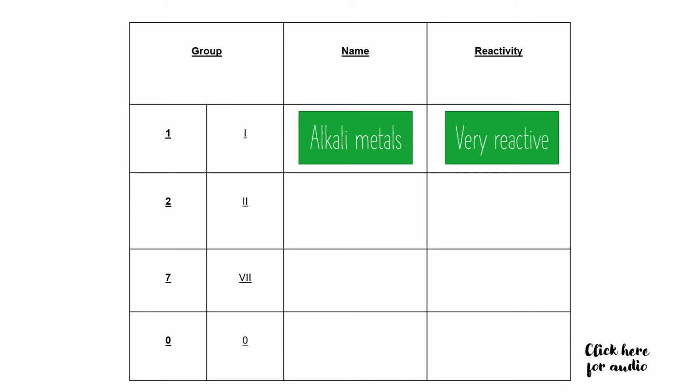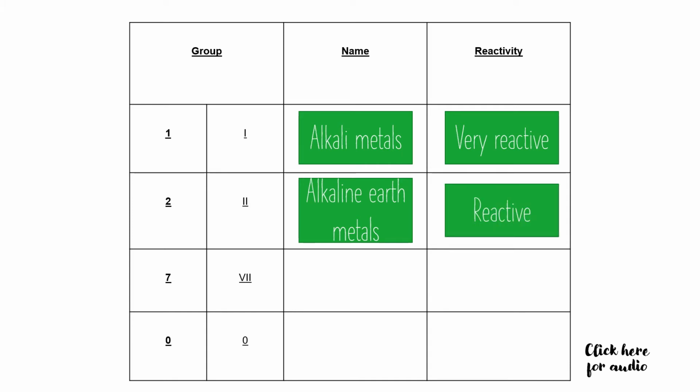Now looking at group 2, they're known as the alkaline earth metals. So it's important you don't mix up the names of group 1 and group 2. Group 1 is the alkali metals, group 2 is alkaline earth metals. And they're still reactive. They're not as reactive as group 1, so we just describe them as reactive.